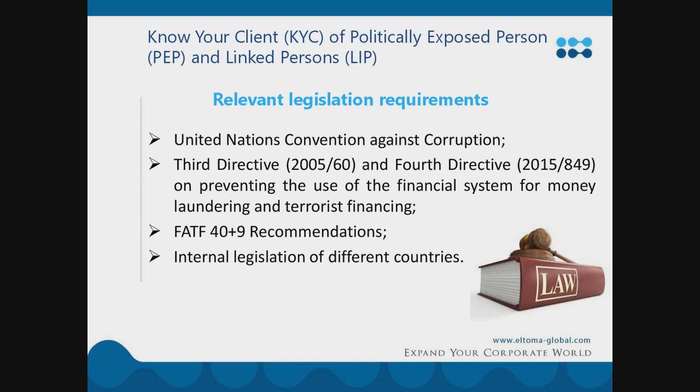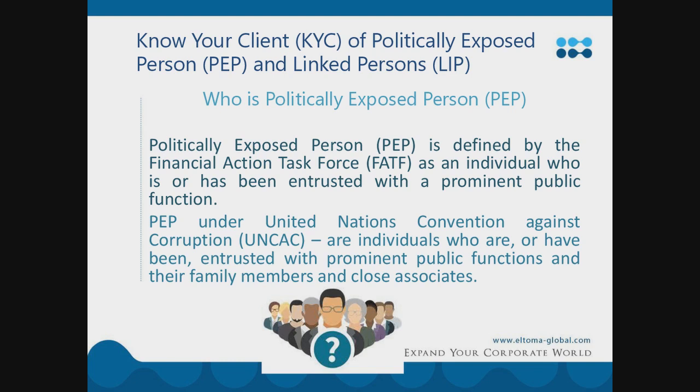So first of all, the definition of politically exposed person is covered in the United Nations Convention Against Corruption, in the 3rd and 4th EU Directive on prevention of the use of the financial system for money laundering and terrorist financing, also in FATF 40+9 recommendations, and also FATF has other recommendations, guidelines on PEP verification, and other internal legislation in different countries.